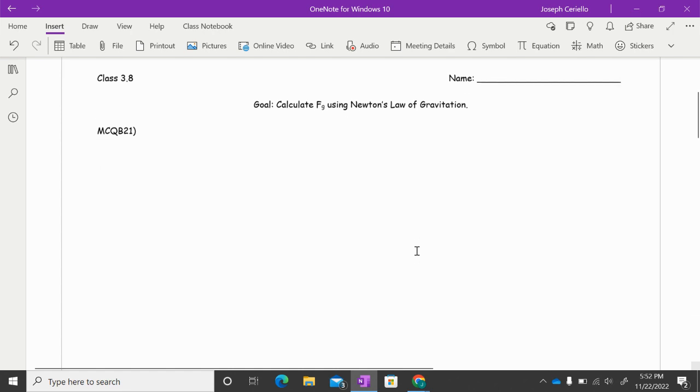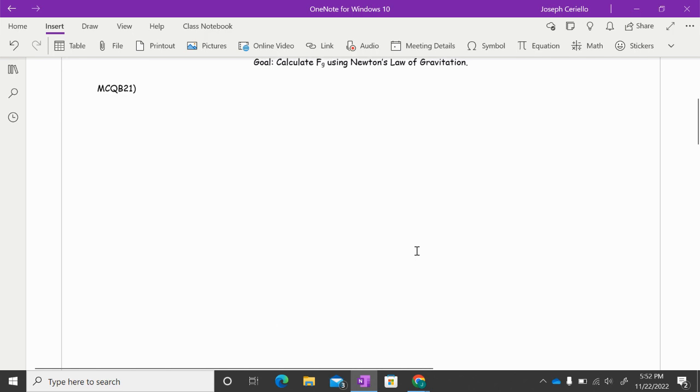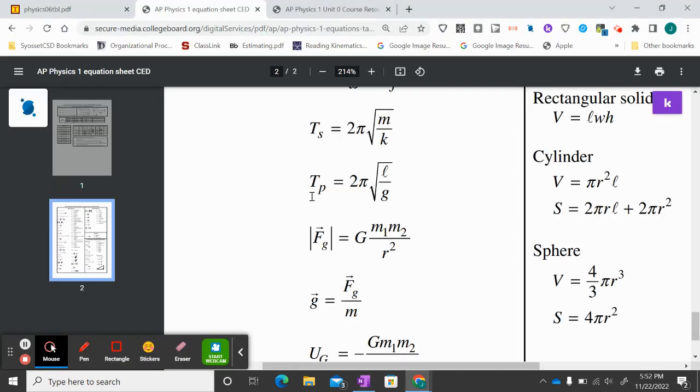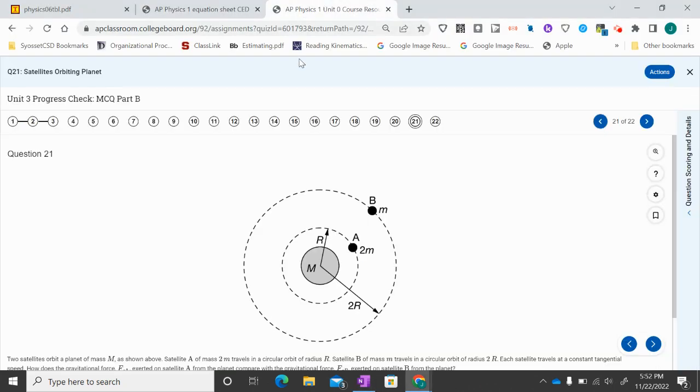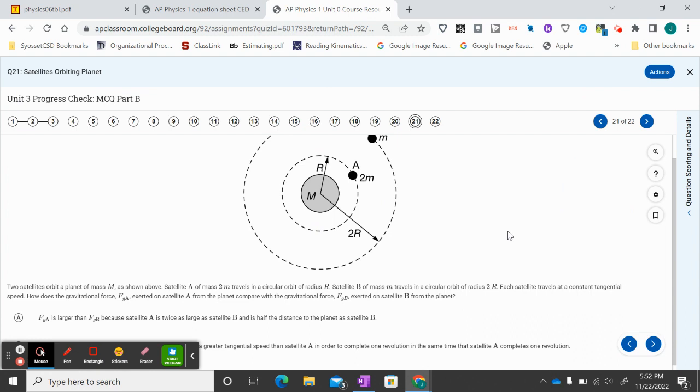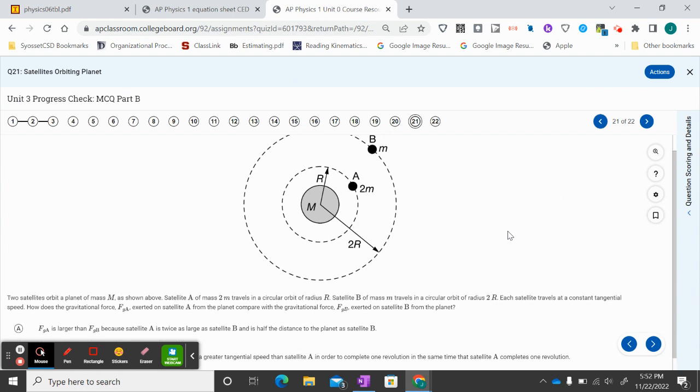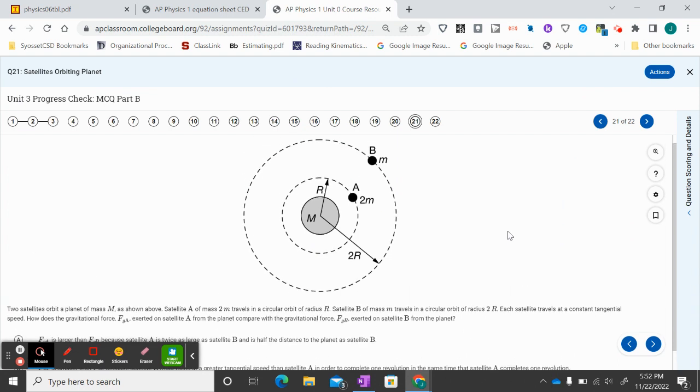All right, so for class 3.8, we're going to be going over a few AP Classroom questions as well as some other questions. So let's start with the multiple choice B, number 21. Give this question a quick read and get an idea of what it's showing.